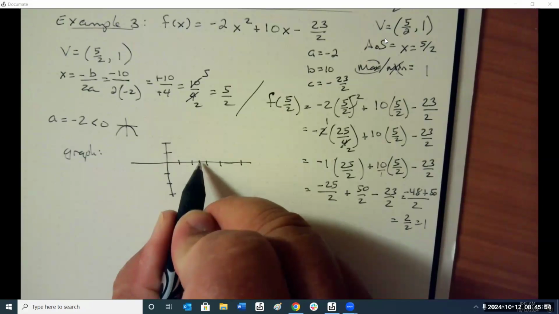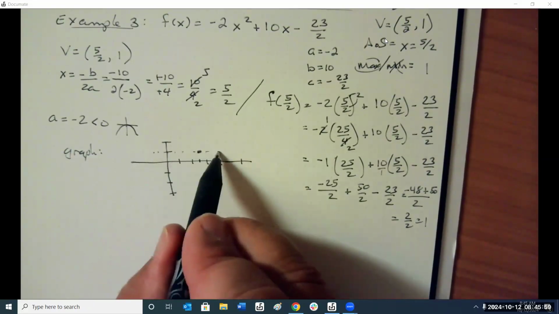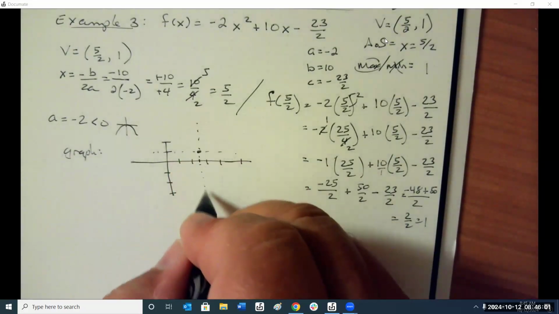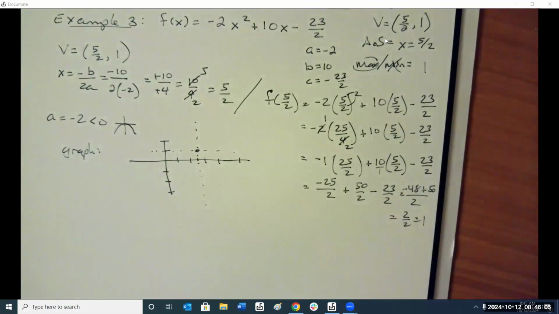So 2 and 1/2 and 1. There's our vertex. Remember, the axis of symmetry is 5 over 2. So it's symmetric.